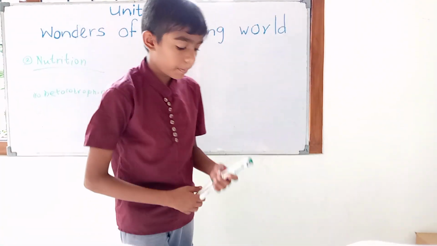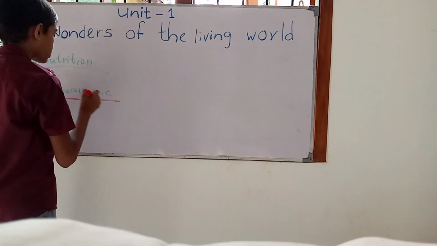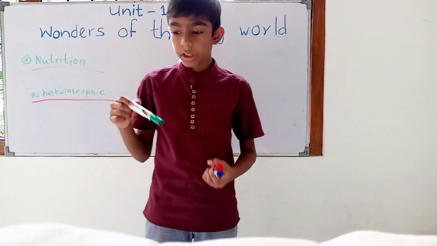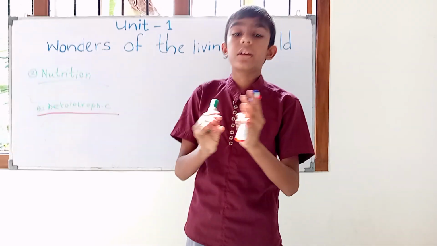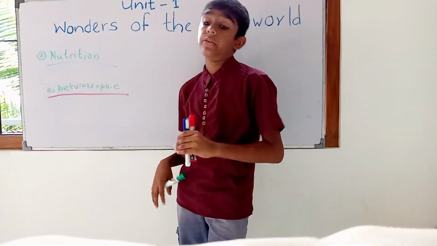Now we are moving on to the second one, heterotrophic. Now what is heterotrophic? Heterotrophic are the organisms that cannot produce food for themselves.